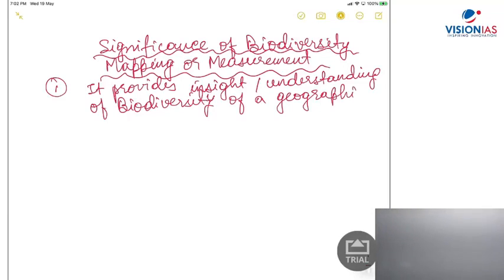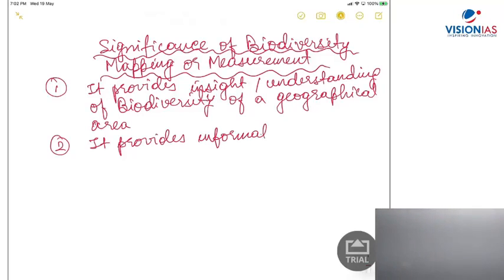You can write that in your answer. Second, it provides information about the number of threatened species.